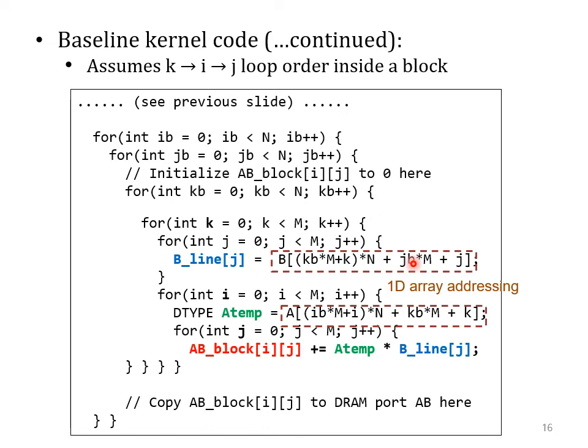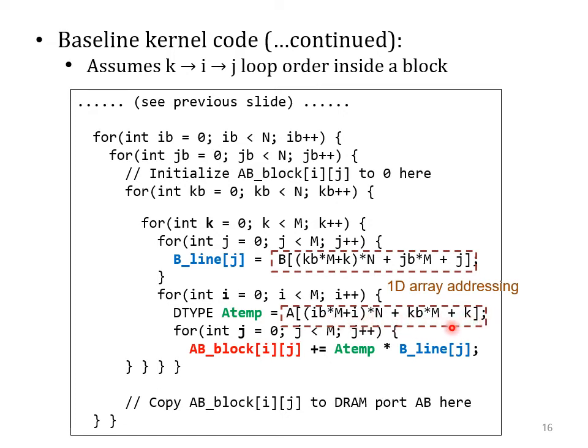So you can just see that this thing is just B[J], the column with the new index, and this thing is just B[K], the row with the new index. You just have to multiply by N, the matrix size. Make sense? And this is also just 1D array indexing for A[I][K].